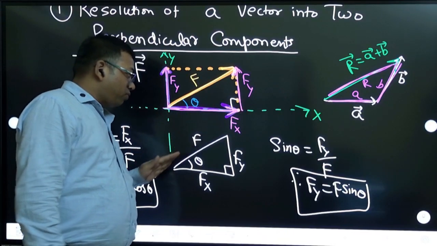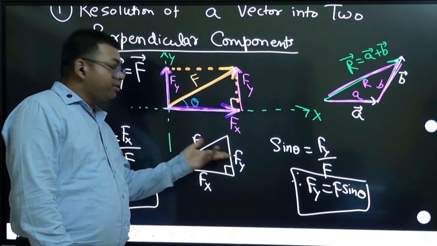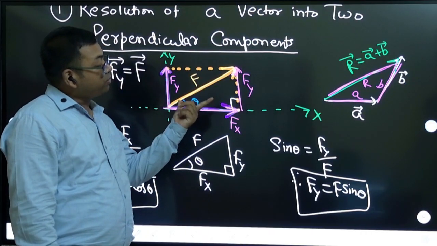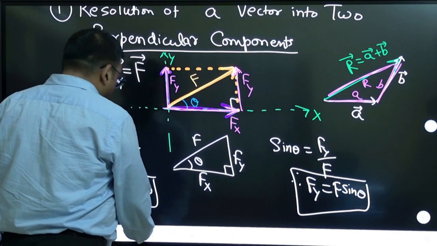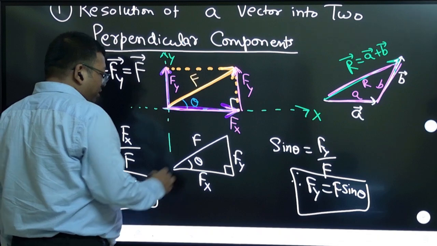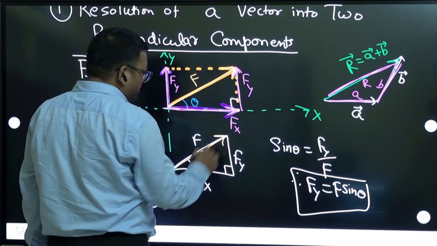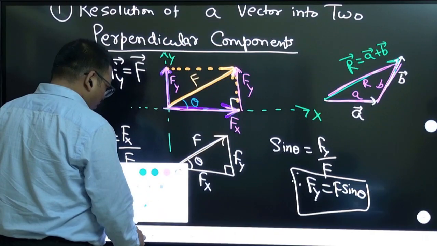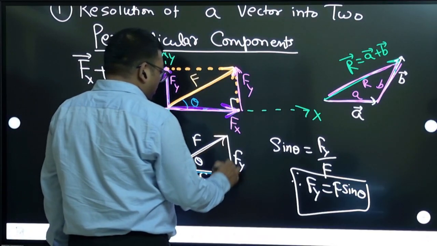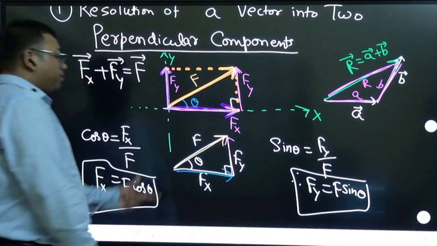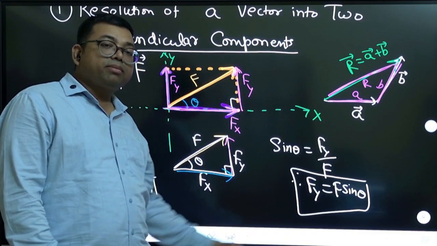So a force which is in this direction can be resolved into two perpendicular directions. I am showing only the magnitude here. Direction you can show definitely. Suppose I have to show direction, I will show the direction of this like this, and of this like this, and of this like this, right? But definitely here I am talking about the magnitude.